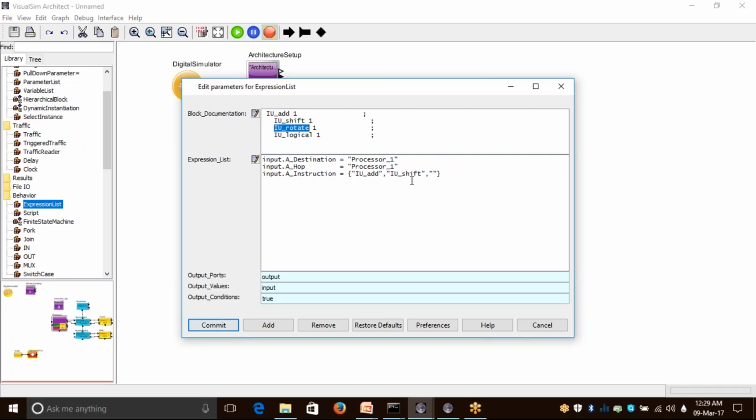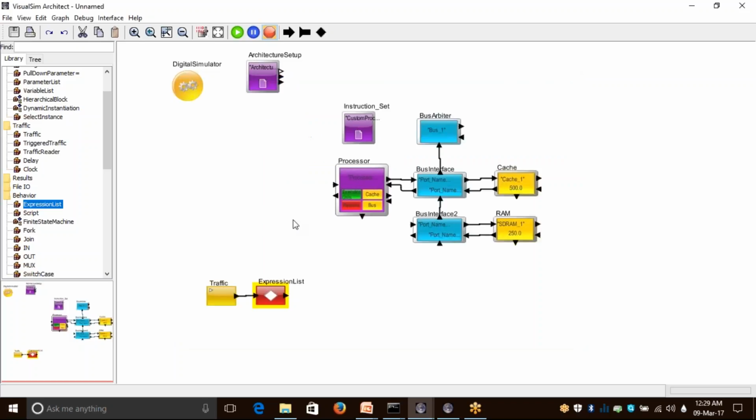It is possible to get these instruction sequences for the applications that you may have. If you have these instruction sequences, maybe in an Excel spreadsheet or something like that, we can read that spreadsheet information and generate an instruction sequence that can be utilized with the processor block. Okay, so I'm going to commit this.